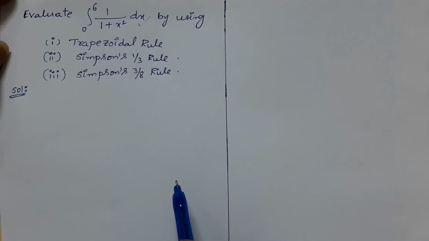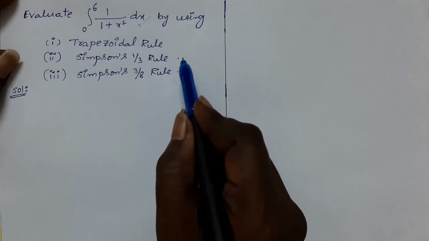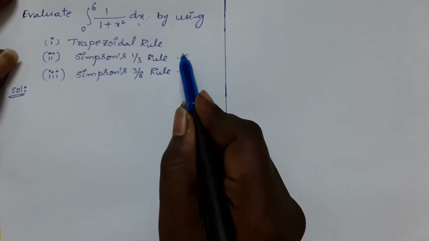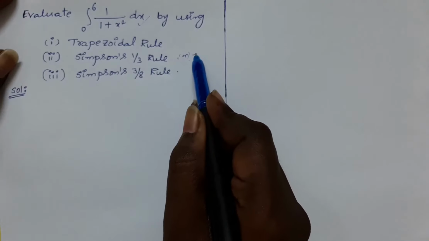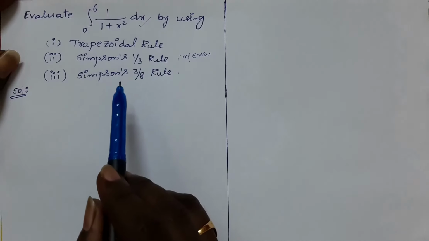Actually, to apply the trapezoidal rule there are no conditions, but there is a condition to apply Simpson's one-third rule and there is a condition to apply Simpson's 3/8 rule also. Look at those conditions. If the number of subintervals, denoted by n, is an even number, then only we can apply Simpson's one-third rule.